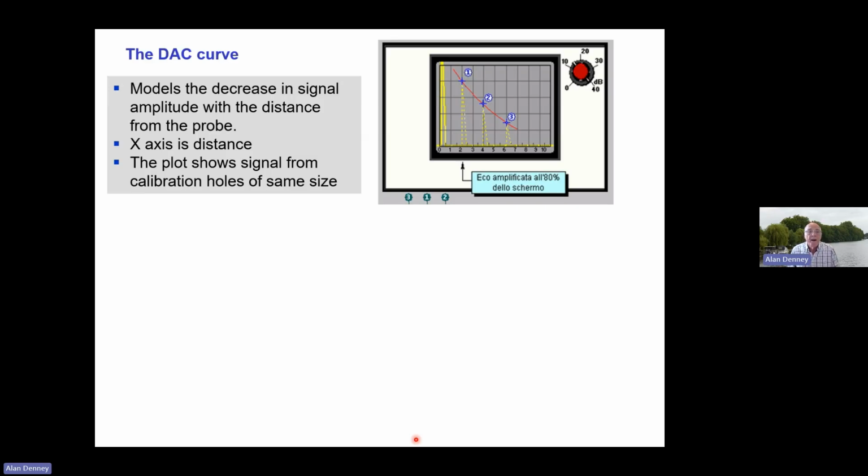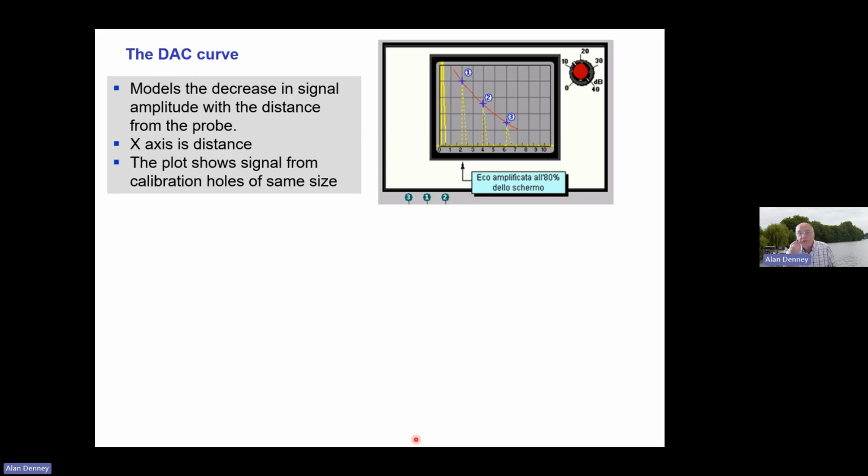And the same thing happens with UT signals. So that has to be taken into account, and that's done by constructing this distance amplitude correction curve, to take account of the decrease in signal amplitude with the distance from the probe. Now the x-axis on that screen there is distance. It's calibrated to mean distance.